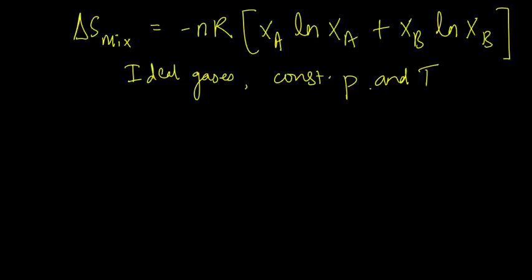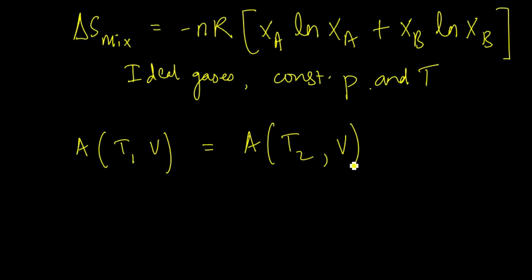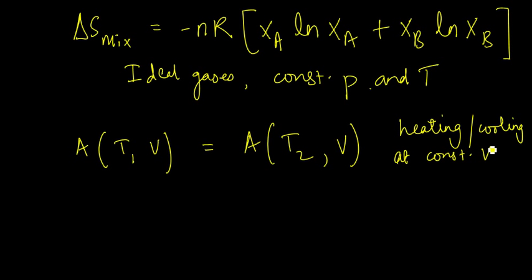So if I heat something, let's say some substance A goes from temperature T1, volume V, to temperature T2 at volume V. So heating or cooling, whatever it is, at constant volume.